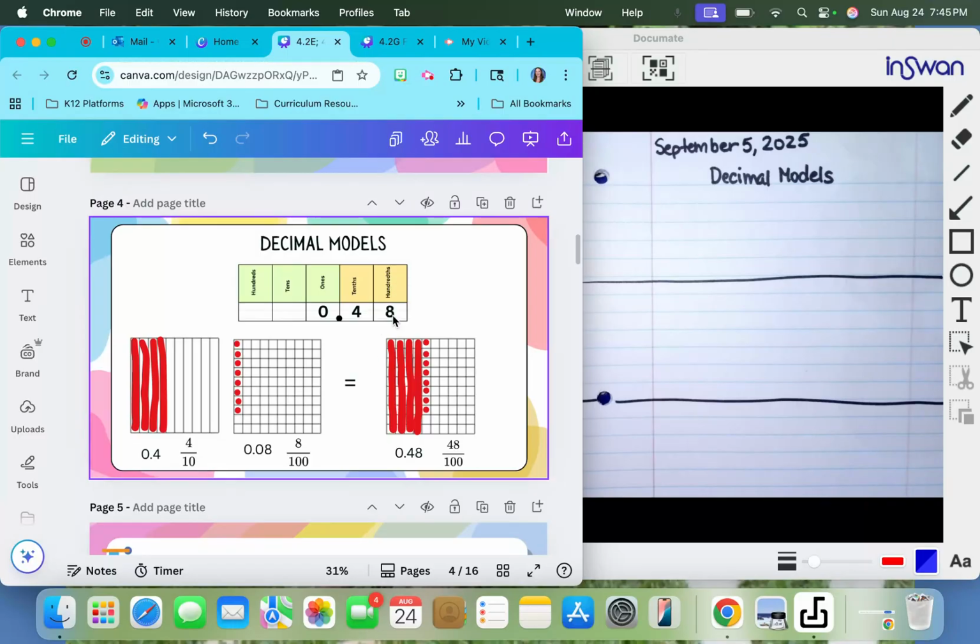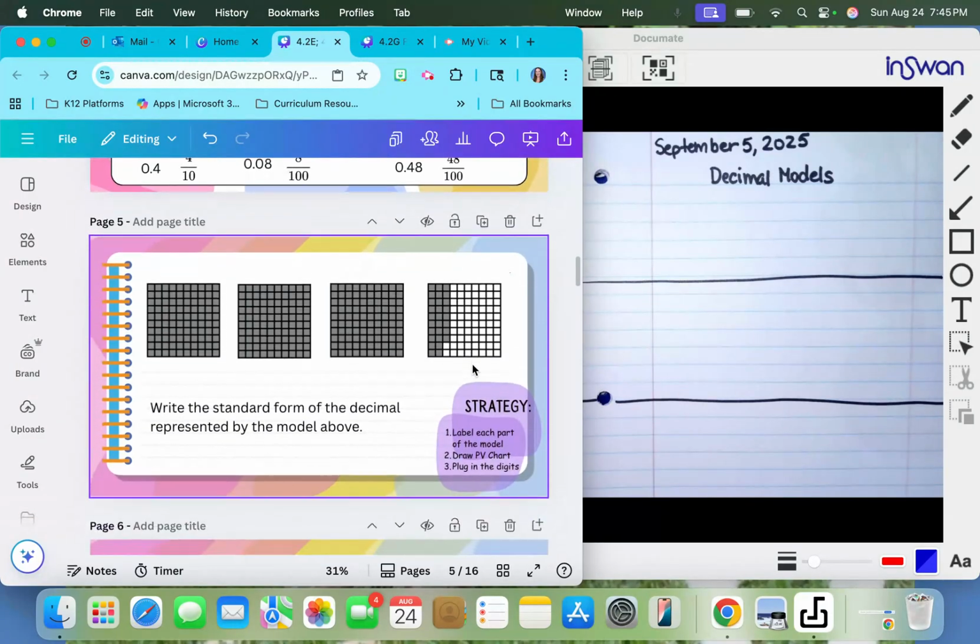And then we have 8 little hundredths. So here I have marked 8 little hundredths on this decimal grid and written 8 hundredths and the fraction version 8 hundredths. And that equals 48 hundredths. 10, 20, 30, 40, then 41, 42, 43, 44, 45, 46, 47, and 48 hundredths.